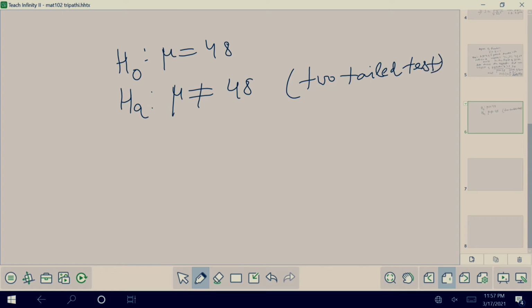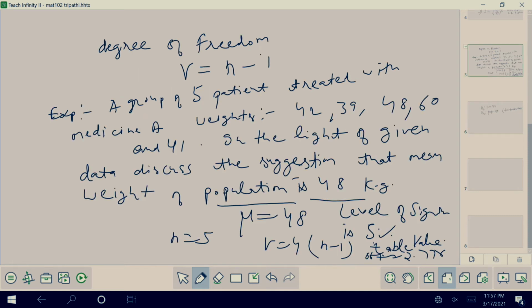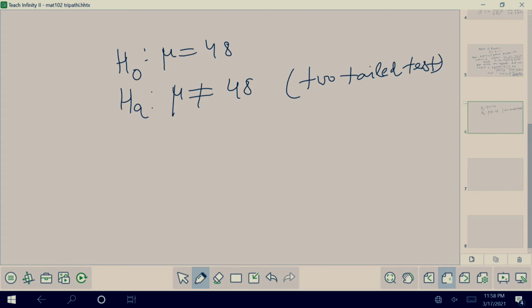Okay. Now try to remember the example we have already given. We are given mu 48 kg and we have to calculate x bar on the basis of these 5 items, right, and we have to calculate our S also for our formula. So, let us do it.